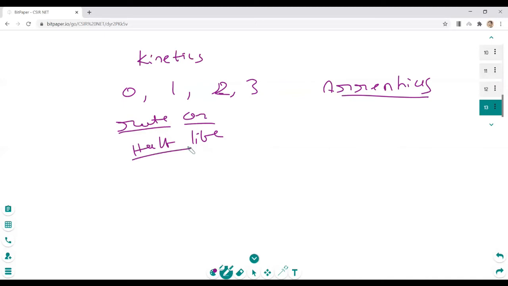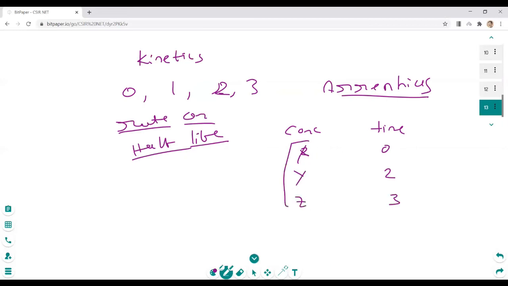What kind of questions will come? From the next class I'll try to show some questions and solve them so that you'll get some idea. They will give you the concentration and time. At time 0 seconds the concentration was x, at time 2 seconds y, at time 3 it will be z.